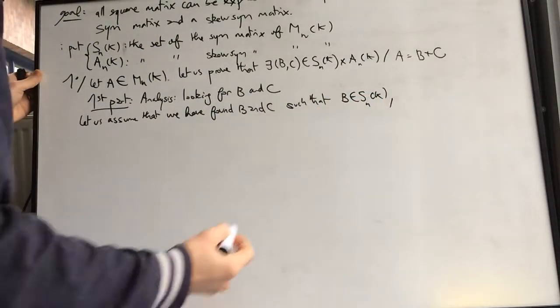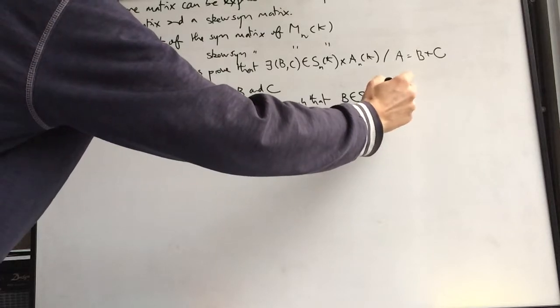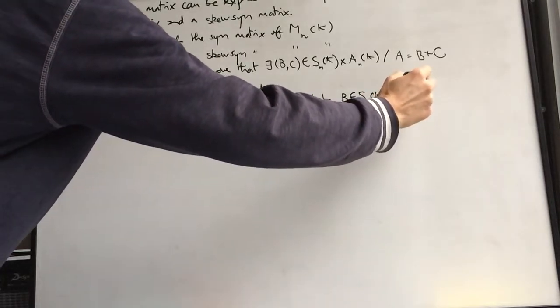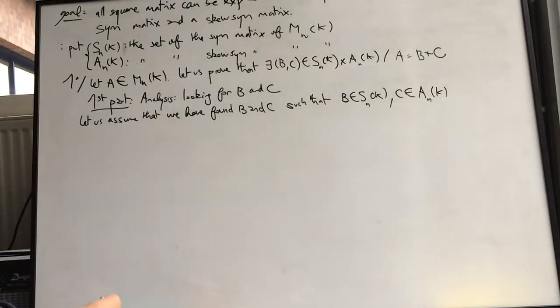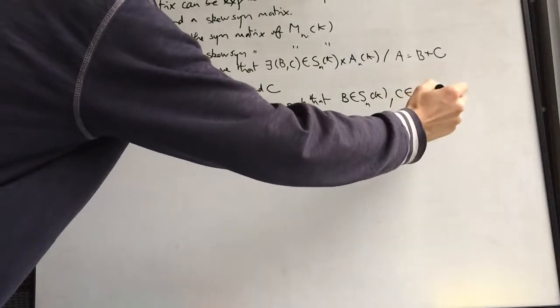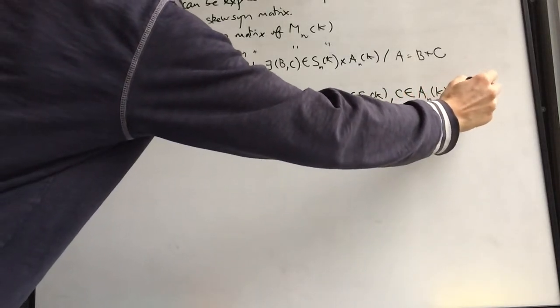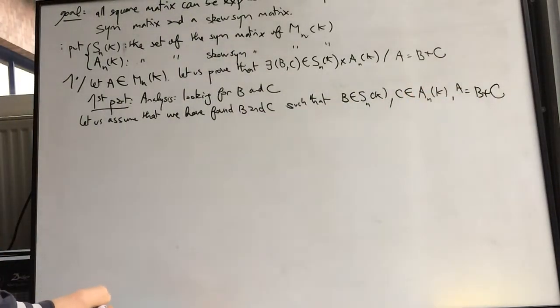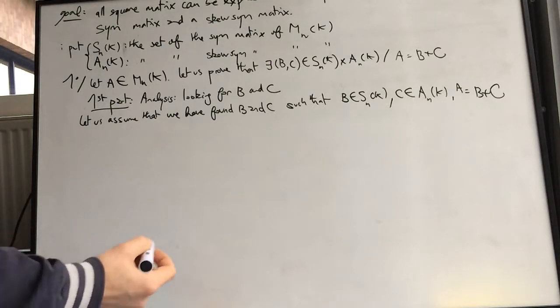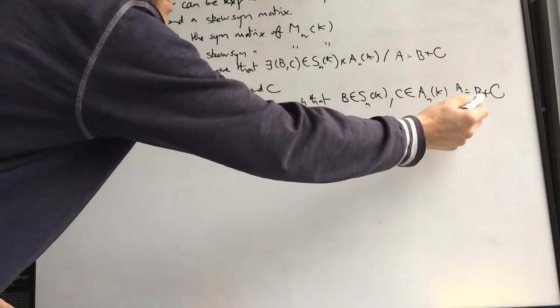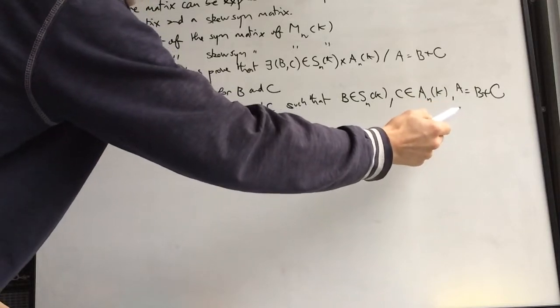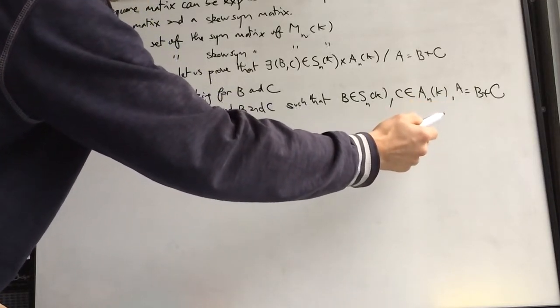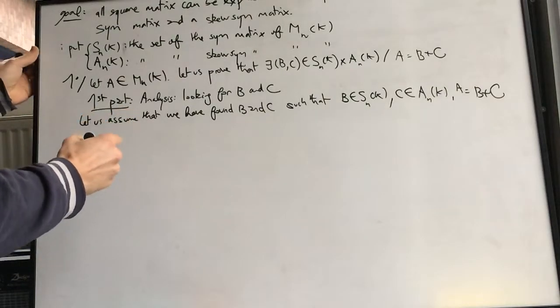C is a skew symmetric matrix, that is to say C belongs to A sub n of k, and B plus C is equal to A. And we're going to find the expression of B and C. As A is equal to B plus C, we have got one equation, and we are going to write another equation to find B and C.